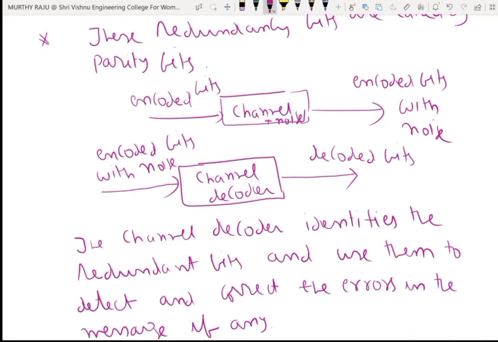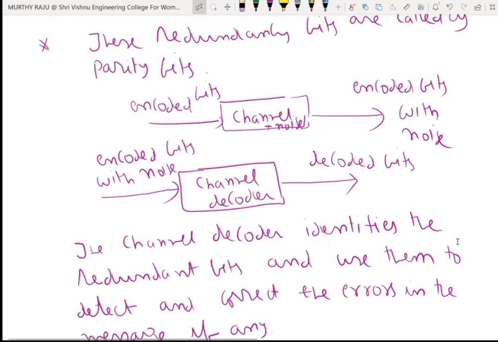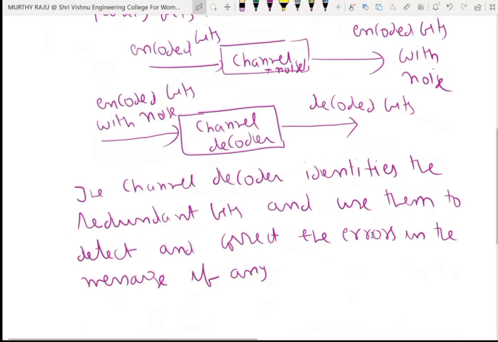The main function of the channel decoder is to decode that encoded information, and also to identify the redundancy bits. Whatever redundancy bits are added at the channel encoder side, the same redundancy bits are identified by the channel decoder and used to detect and correct the errors in the message bits, if any.